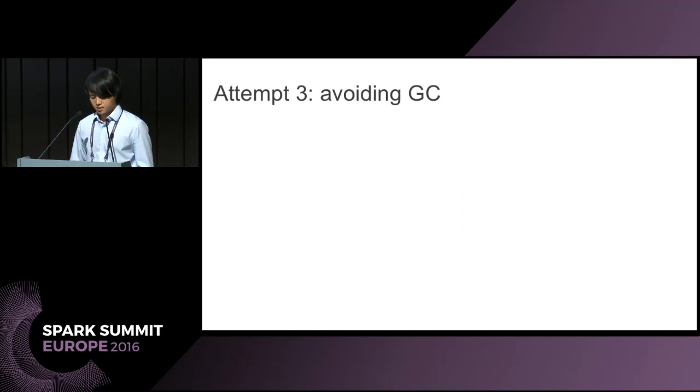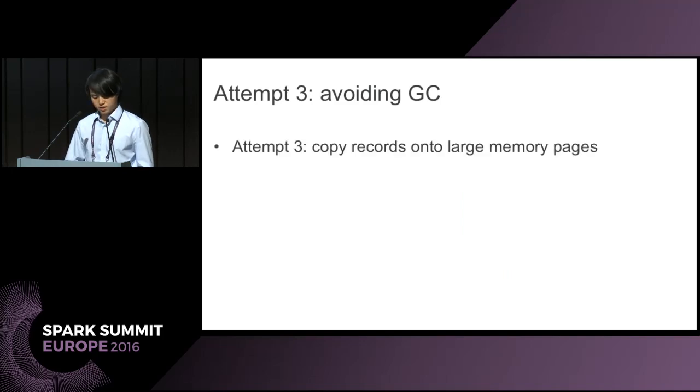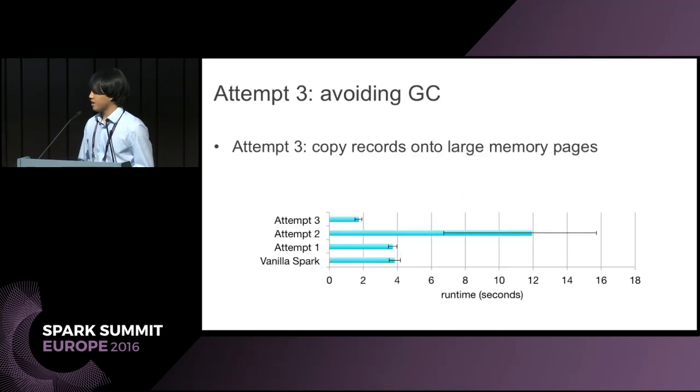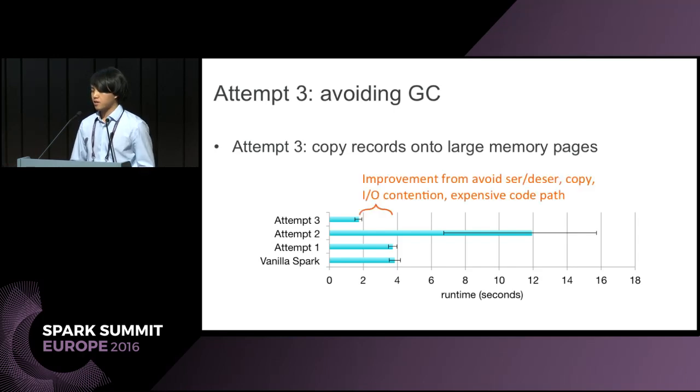So we implement this, and we run it again, and indeed, it performs much faster compared to vanilla Spark. And if you profile this, you'll find that the improvements come from all those different tiny bits, which is much different from what we imagined, that all the improvements would come from the increased throughput from disk to memory.